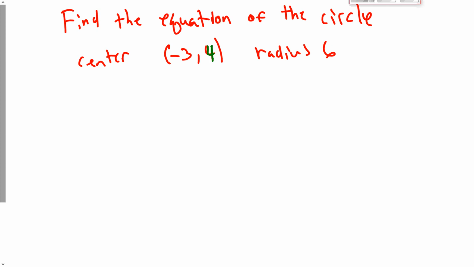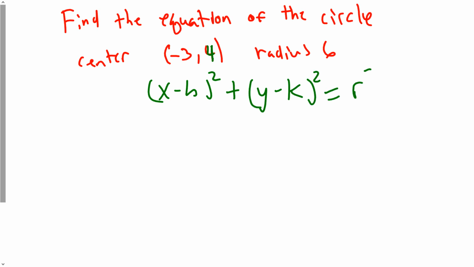Alright, so here's some problems. We want to write the equation of the circle. As long as it doesn't say general form, then we just use this form: (x minus h) quantity squared plus (y minus k) quantity squared equals r squared. Here they give us a center and the radius. So we're just plugging in h and k, but it's negative h and negative k.